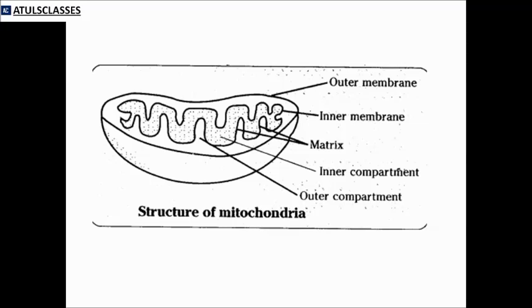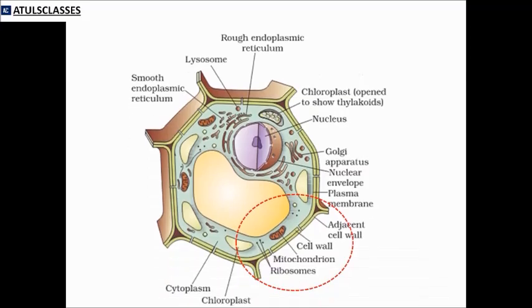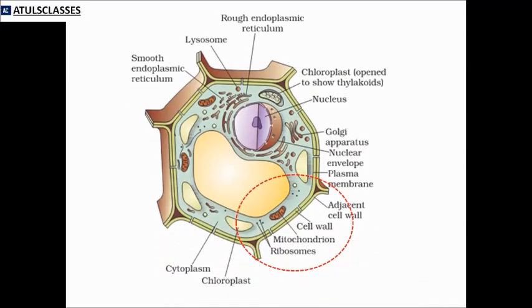So they are the chemical source, or powerhouse, of the cell. The number of mitochondria can vary in different cells depending on how they function and what their energy requirement is.